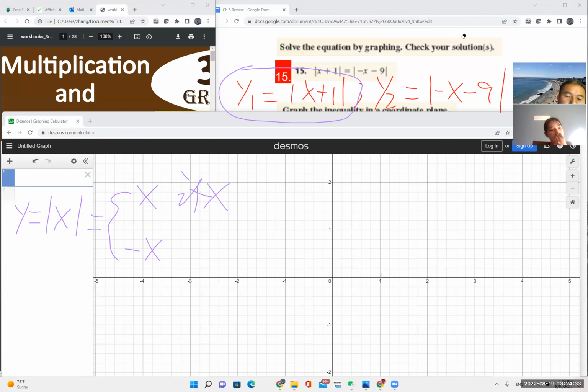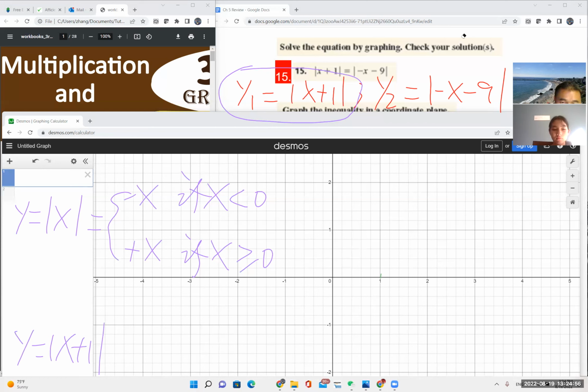Let me do negative x first, when x less than 0, right? Then when x is greater than or equal to 0, then y equal to x plus 1.